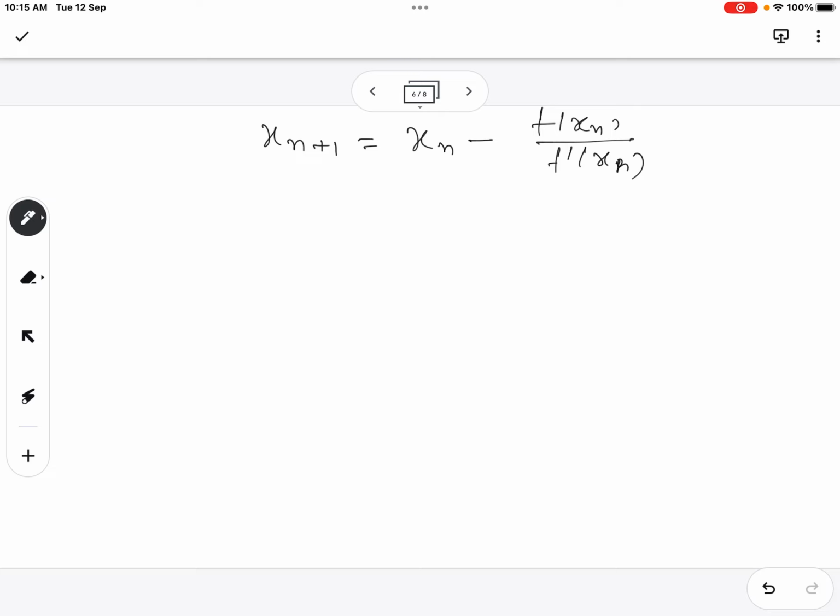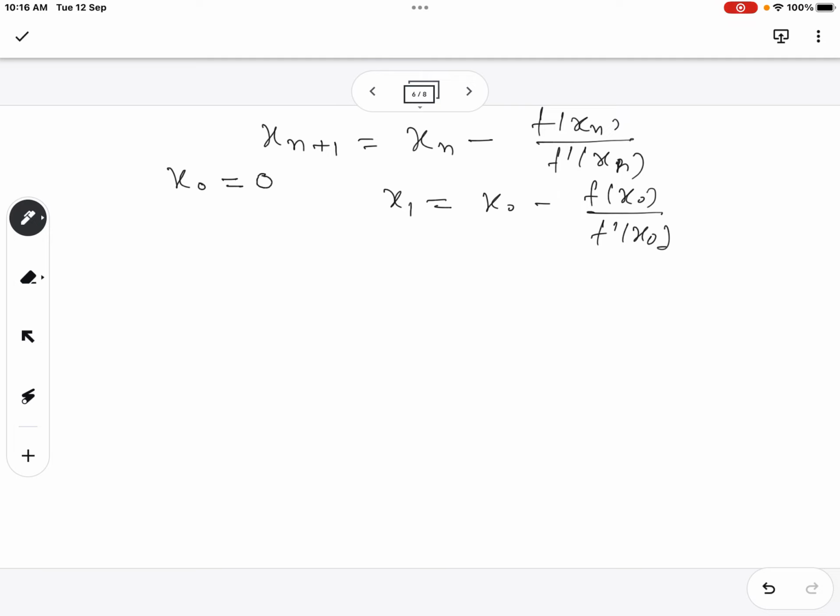Now in order to start the iteration, let us approximate that the initial value is 0. So it means x1 will be x0 minus f at x0 divided by the derivative of f at x0.